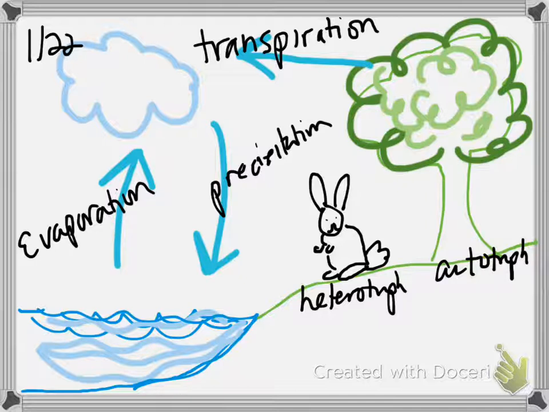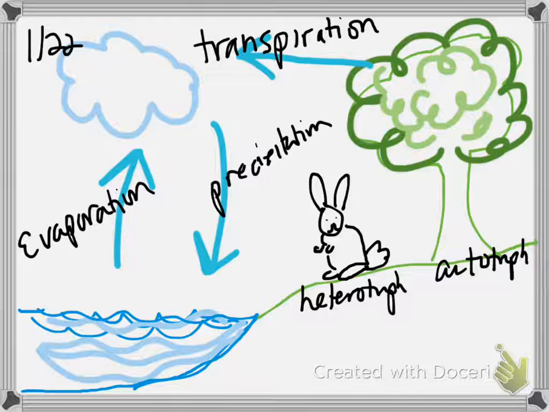Heterotrophs and autotrophs both produce some water as part of their cellular processes. Heterotrophs don't have as direct a way to put water back into the environment, but you all do breathe out water vapor. You know that. If you go out on a cold morning, you can see your breath. It's because the water vapor in your breath is condensing.